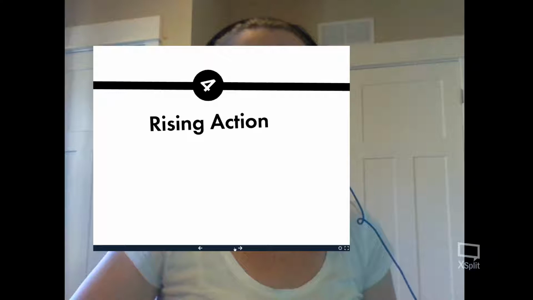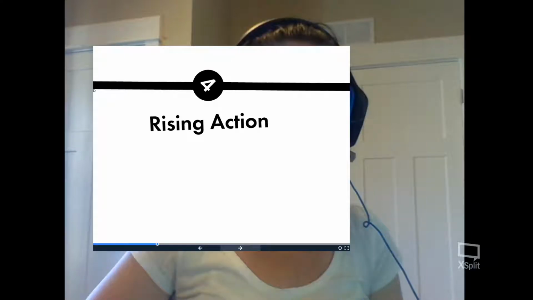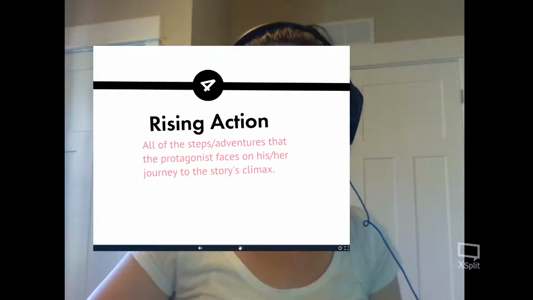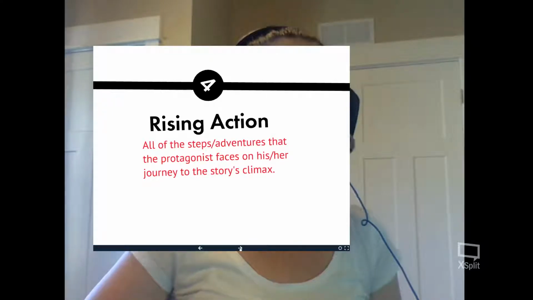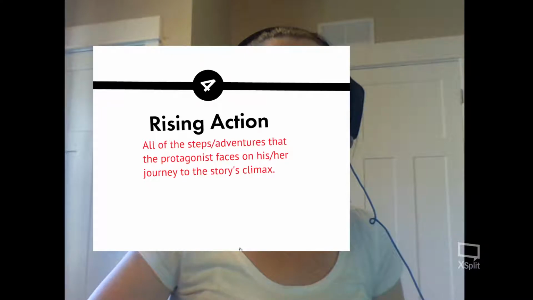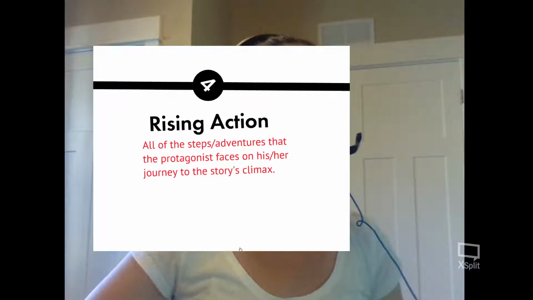Next, we have this jump. From 3 to 4, we're going to call this rising action. These are all of the steps and adventures that the protagonist faces on his or her journey to the story's climax, or the very top. These are all of the points of the story that are leading up to this big, huge moment.